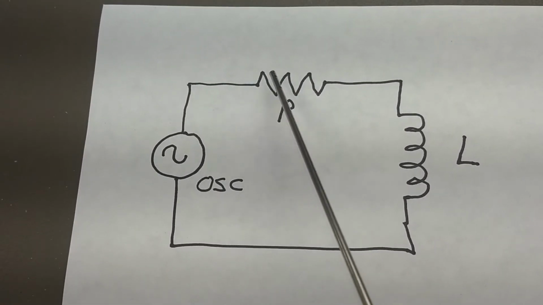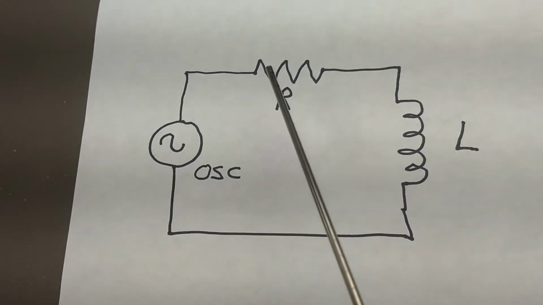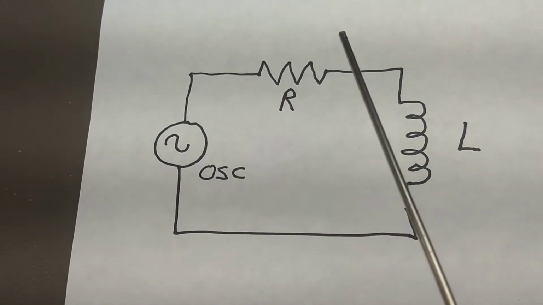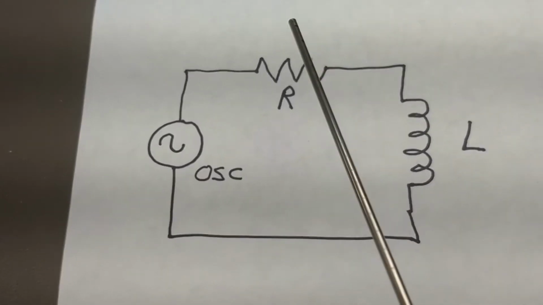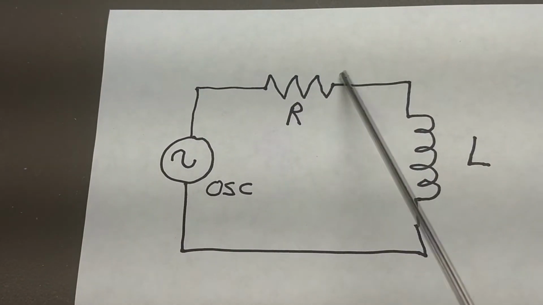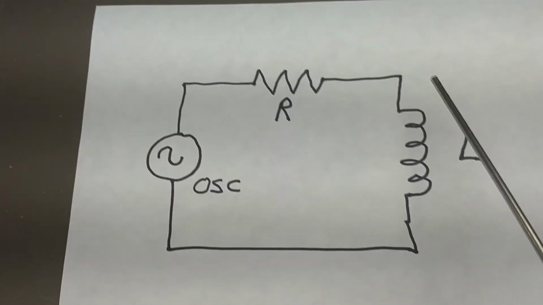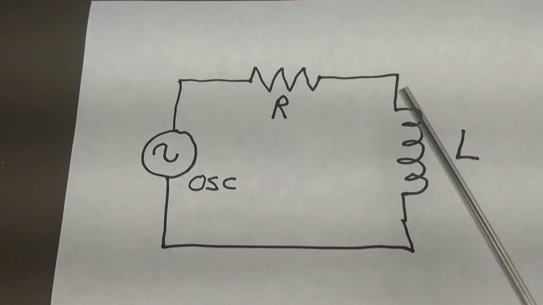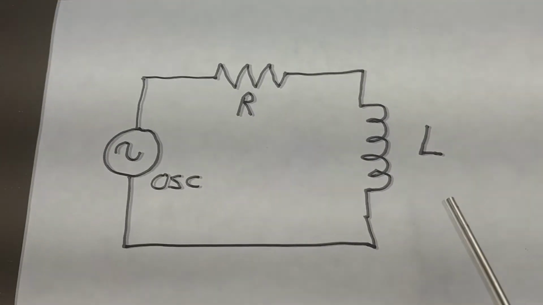The current goes through both components, so the voltage across the resistor is equivalent to the current through the inductor. And we will send that signal to one channel of the oscilloscope, and then we will look at the voltage across the inductor on the other channel of the oscilloscope.